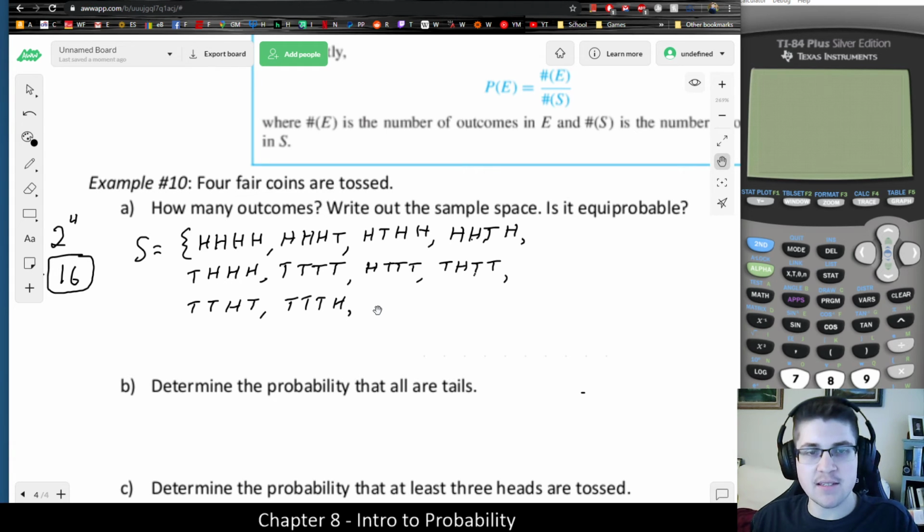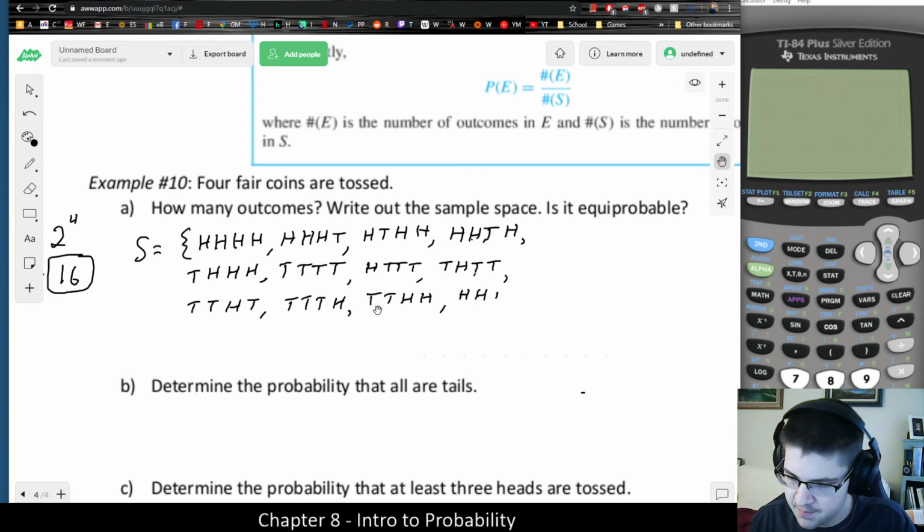But there's going to be 6 in 4 choose 2, which is like I could have tails, tails, heads, heads, heads, heads, tails, tails. I could have heads, tails, heads, tails, tails, heads, tails, heads, tails, heads, heads, tails, or heads, tails, tails, heads.